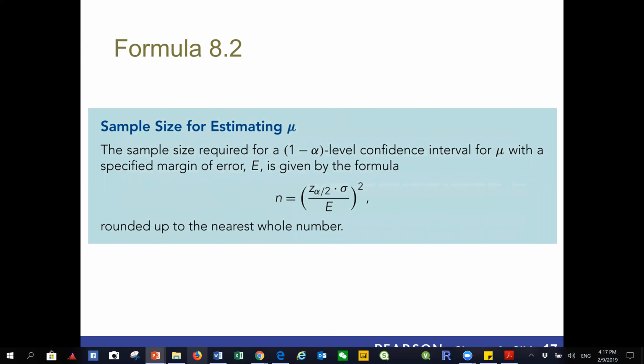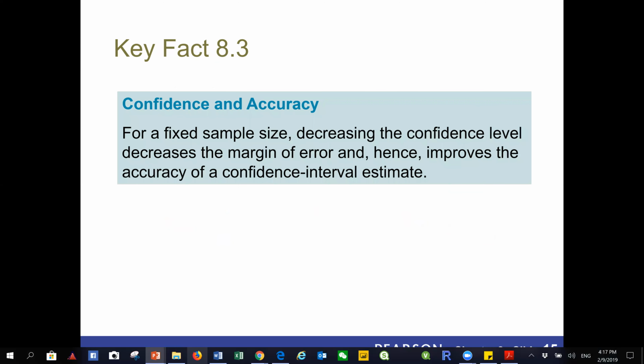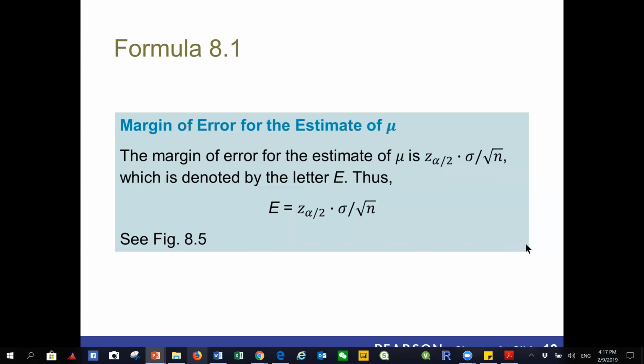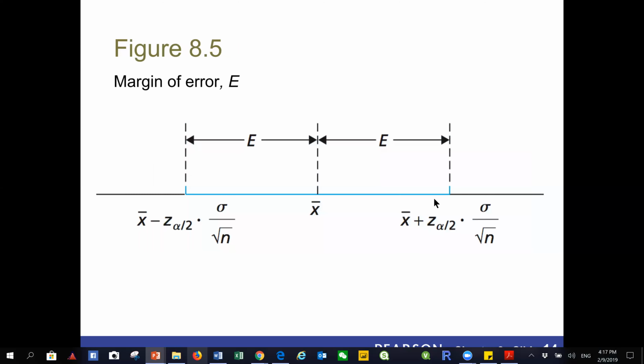If need be, we want to limit the margin of error to a certain upper bound. Based on this formula, we say E is greater than or equal to this thing, then we reorganize this to isolate n on the left-hand side and move everything to the right-hand side.